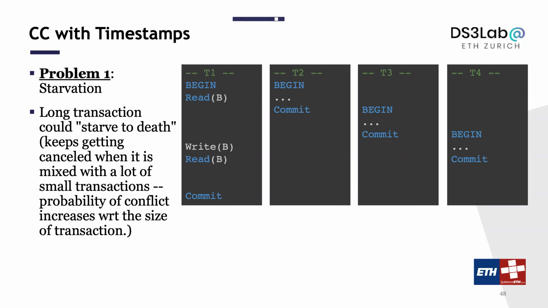So in practice, you need to keep track of how many times you are rolling back one transaction. If that number becomes too large, you need to intervene and use whatever strategy to make sure you don't starve a transaction to death.